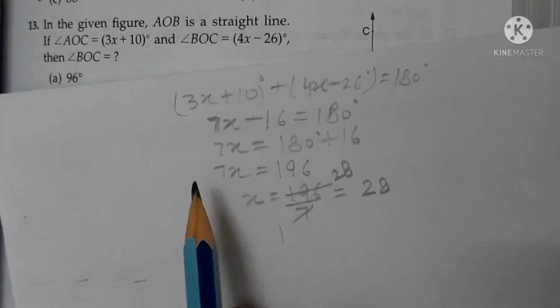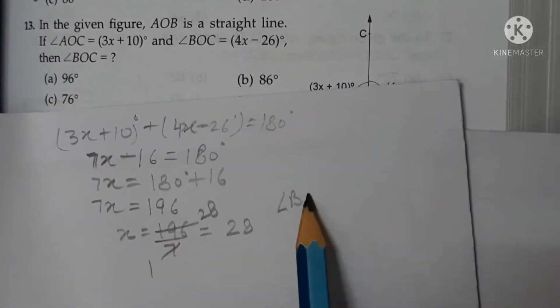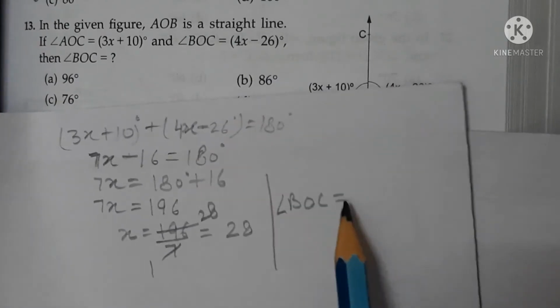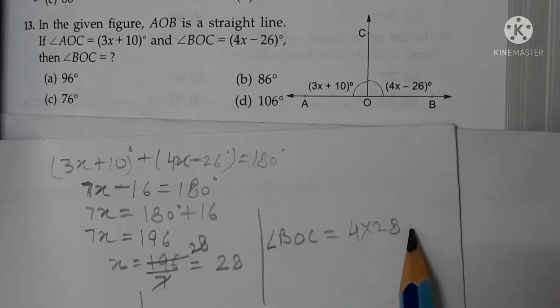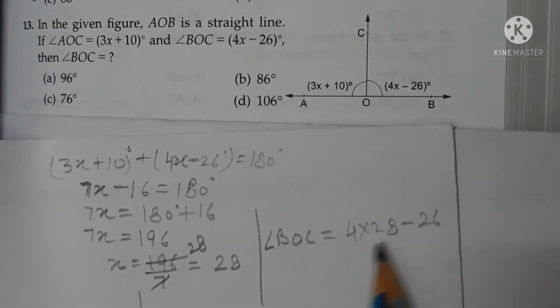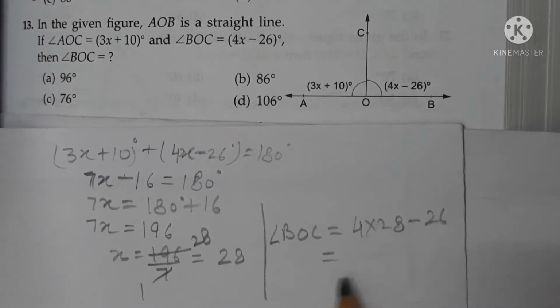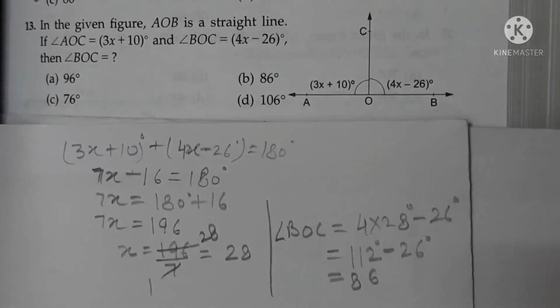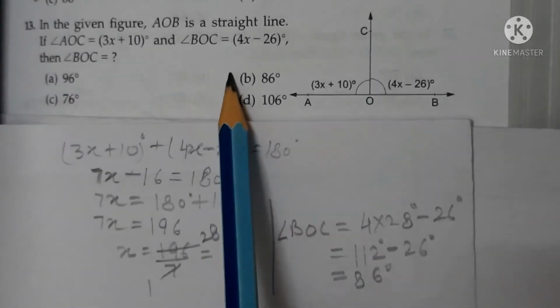So angle BOC is equal to, substituting the value of x, 4 into 28 minus 26. Now multiply and subtract, then you will get the answer. Let's see. 86 degree. Option B is correct.